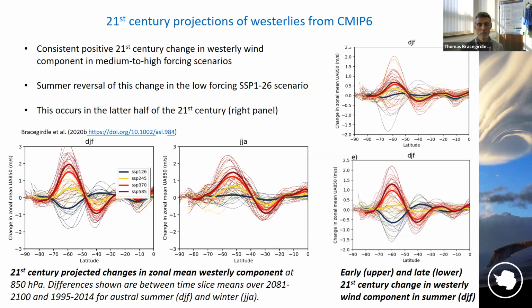So to start with, these plots just show mean zonal wind by latitude, and these are projections of changes for different seasons. So on the left here, we've got change in zonal mean 850 hectopascal wind over the 21st century across different scenarios in CMIP6.